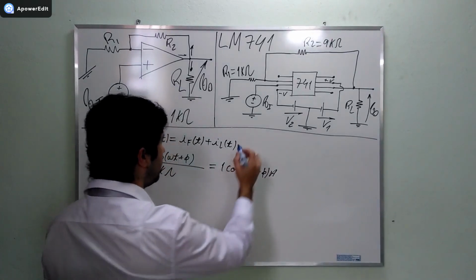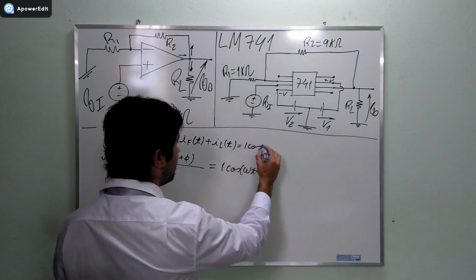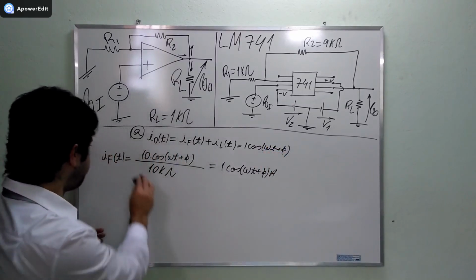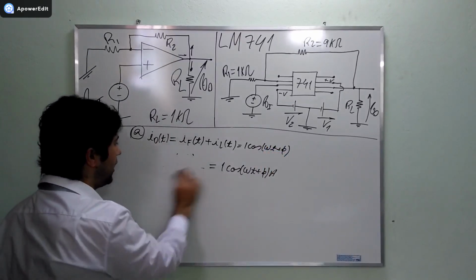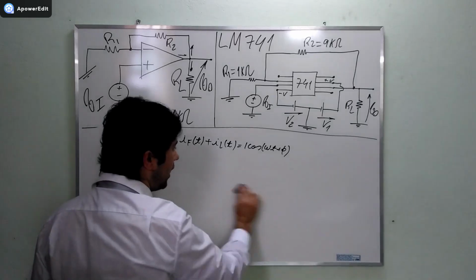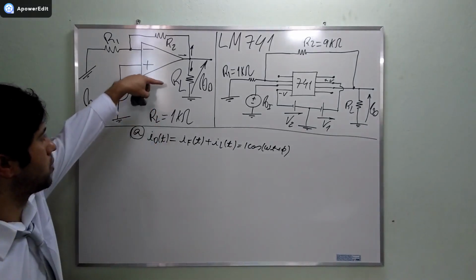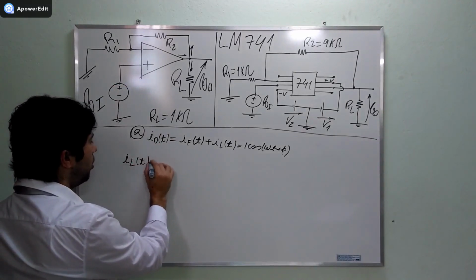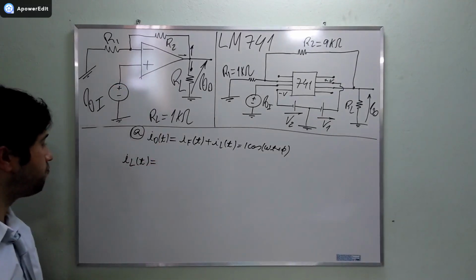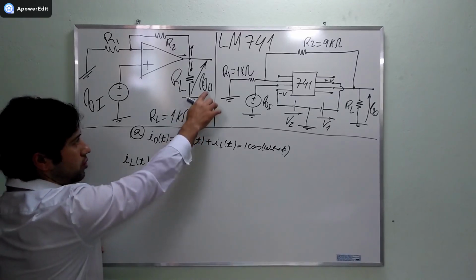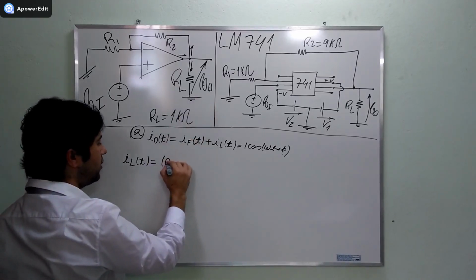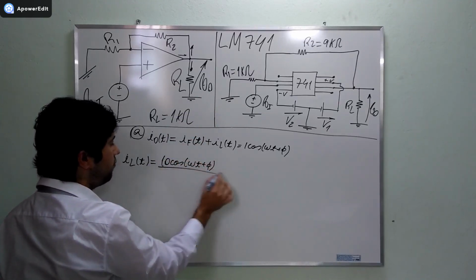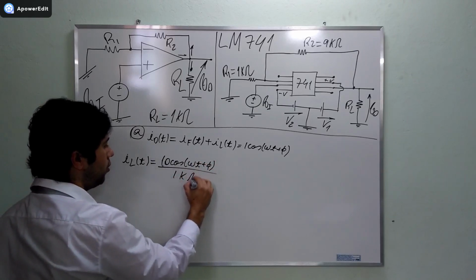I'm going to write it here. 1 cosine Wt plus phi. And now we want to calculate the current that goes to the load. The current that goes to the load is equal to the voltage, the output voltage, 10 times the cosine Wt plus phi divided by 1 kilo ohms.